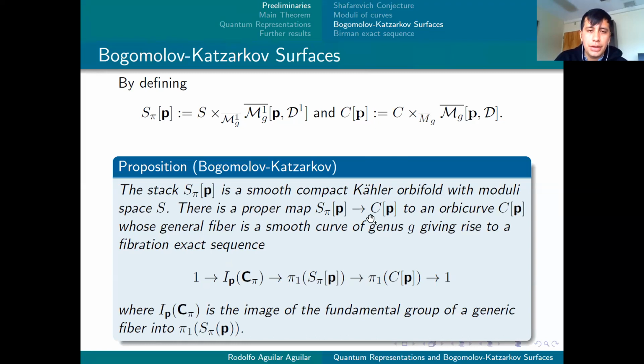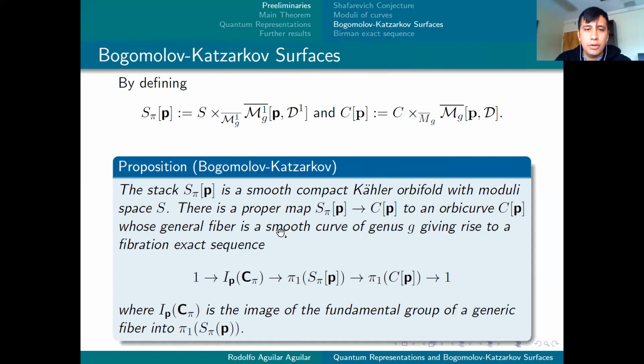So this map can be seen as a fibration in the stack setting. They will have a smooth curve of genus g as a general fiber. And then we can have a short exact sequence, as in the case when we have a fibration with smooth fibers. And this image is the image of the fundamental group of a generic fiber. Recall that this is the fundamental group of a curve into the fundamental group of the stack.